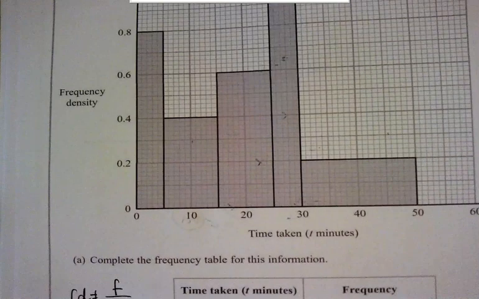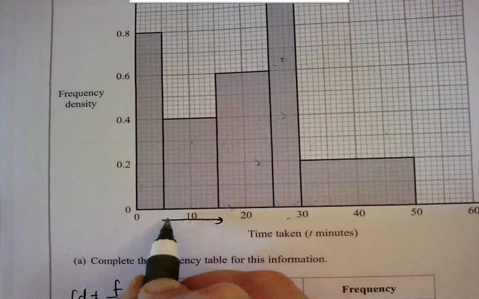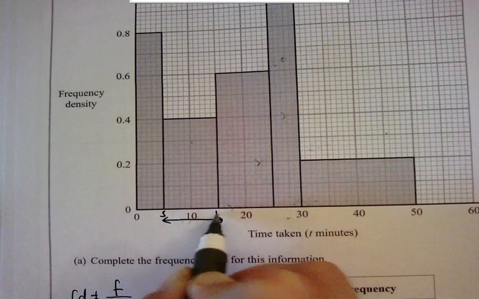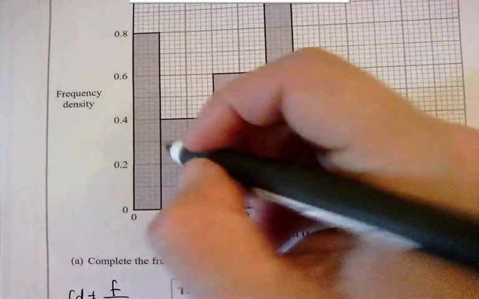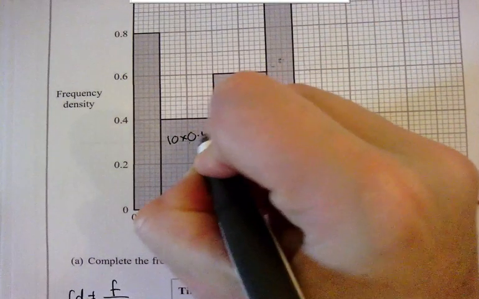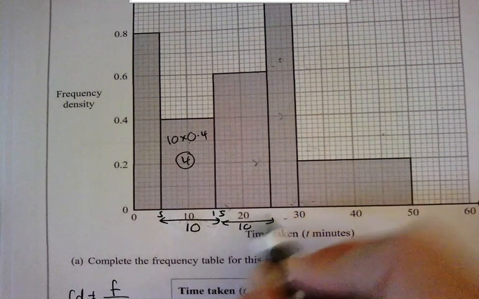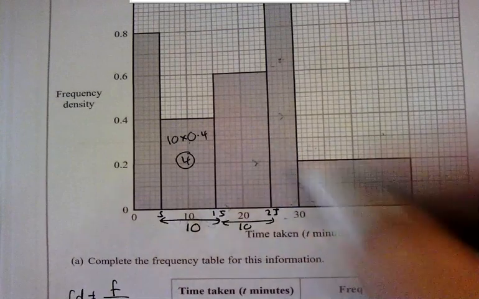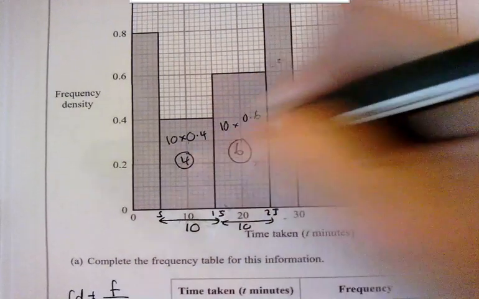They've done the first bar for me, so I'm going to go straight to the second bar. The base, or the class width, it's going from 5 to 15, so that's a width of 10, and the height is 0.4, so 10 times 0.4 is 4. The next one is from 15 to 25, 10 times 0.6 is 6.